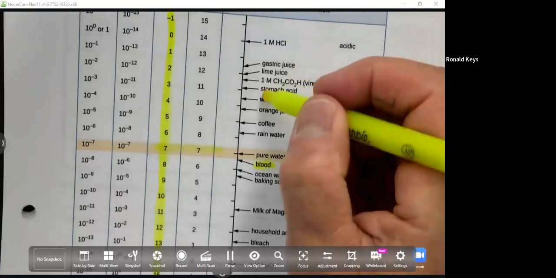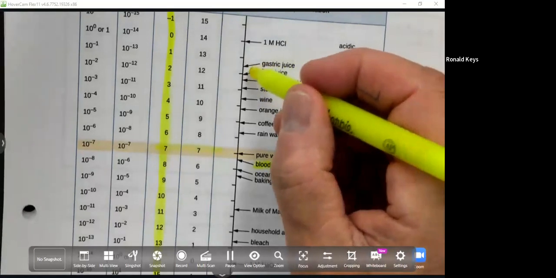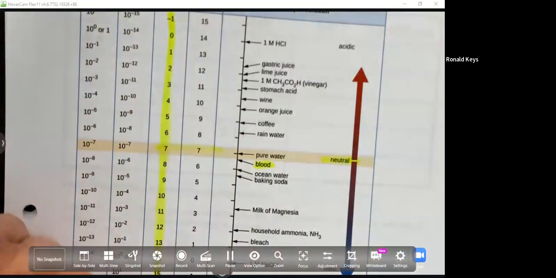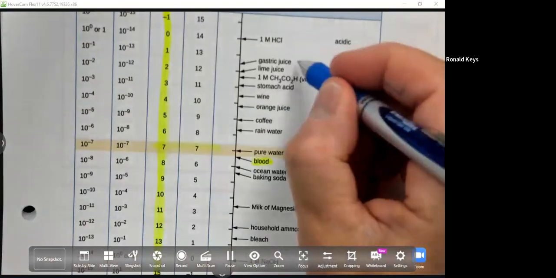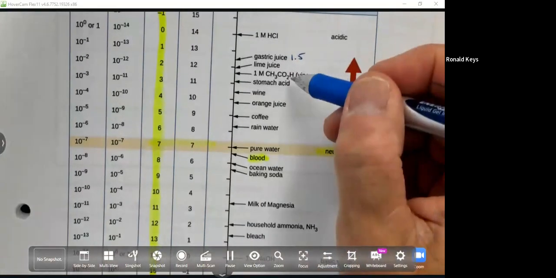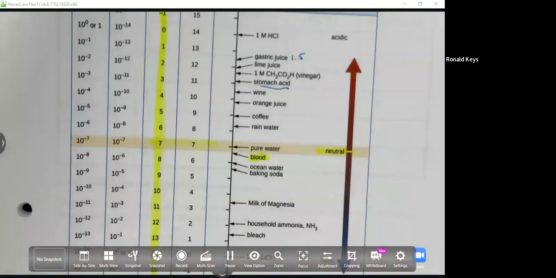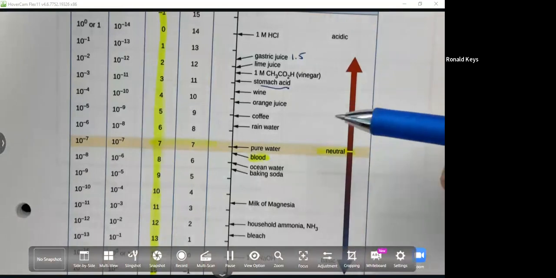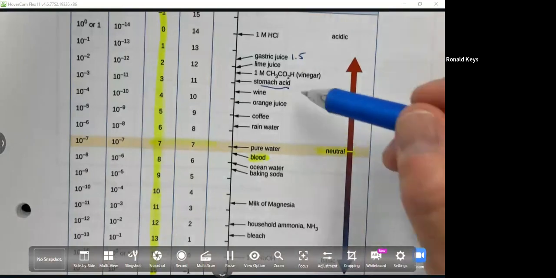Unfortunately, stomach acid is in here. Gastric juice, freshly secreted gastric juice, looks like about a 1.5. That's wicked. Vinegar, stomach acid. You maybe know some people that are popping Tums or Rolaids all the time, right? Trying to cool down their stomach acid.